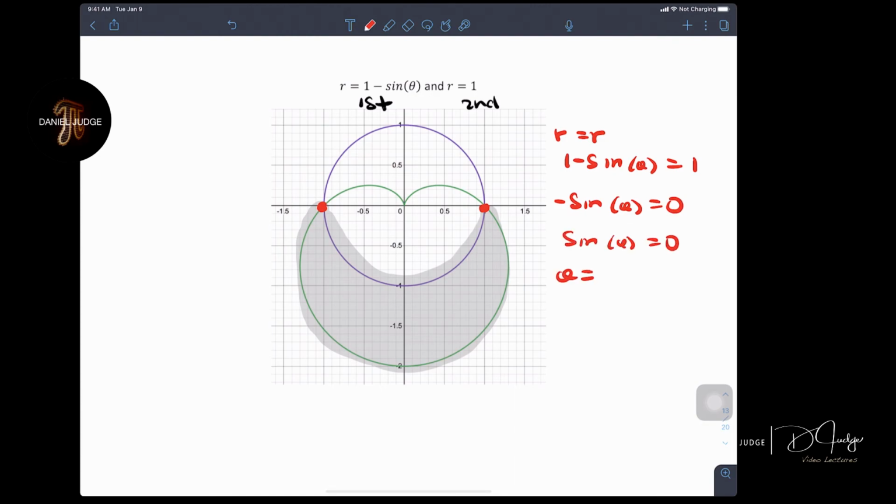That means theta is 0, pi, 2 pi, etc., right? So this is the angle here that we're trying to find. These are the angles. So this is the points of intersection that I try to find.